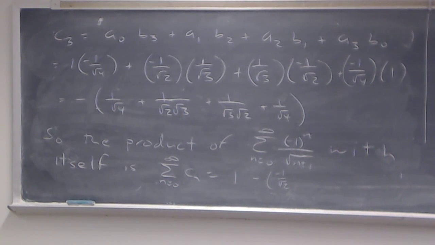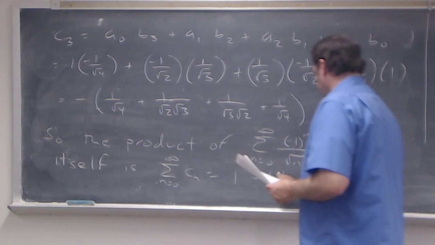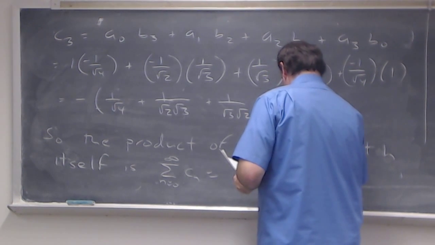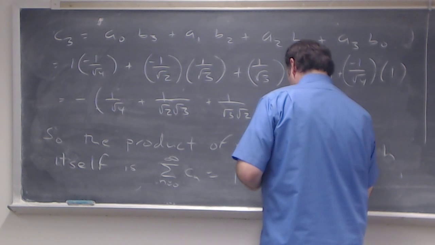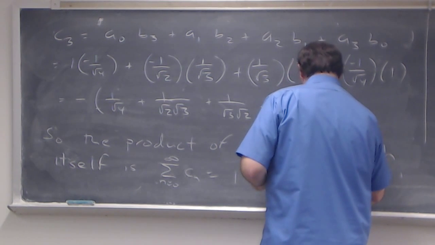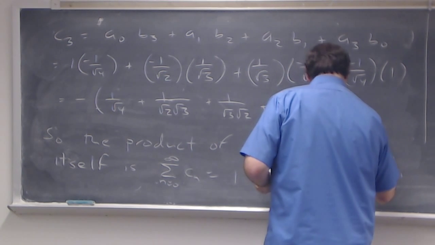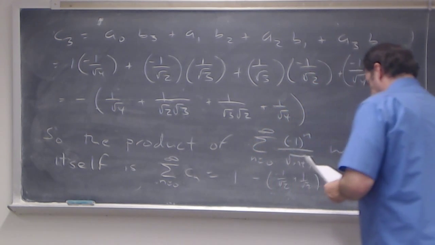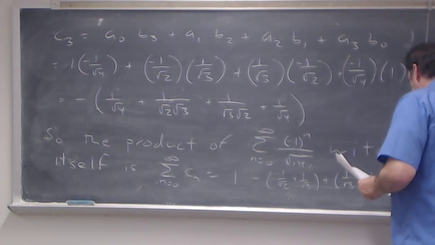I think it's just 1 over the square root of 2 plus 1 over the square root of 2. And then plus 1 over the square root of 3 plus 1 over the square root of 2 times square root of 2. And then plus 1 over the square root of 3.